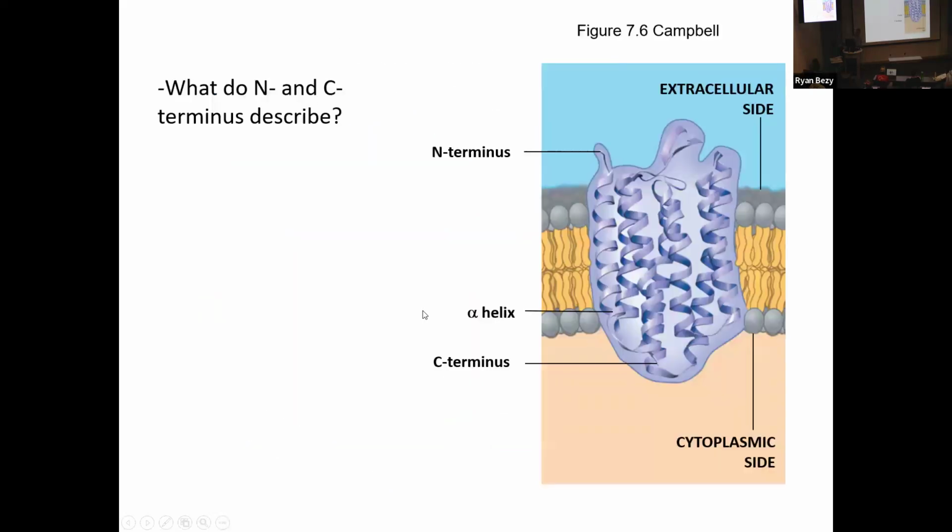All right, so this might be an example of a protein passing through a membrane. This is my protein, the structure. This is the N terminus of the protein, the C terminus of the protein. What do the N terminus and C terminus describe again? The amino and the carboxyl group. Remember, proteins at the beginning have an N terminus for the amino end or nitrogen end.